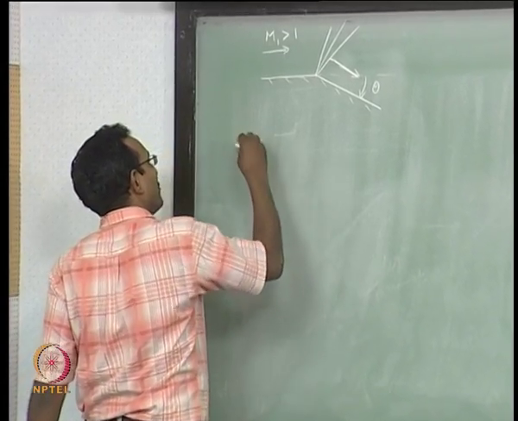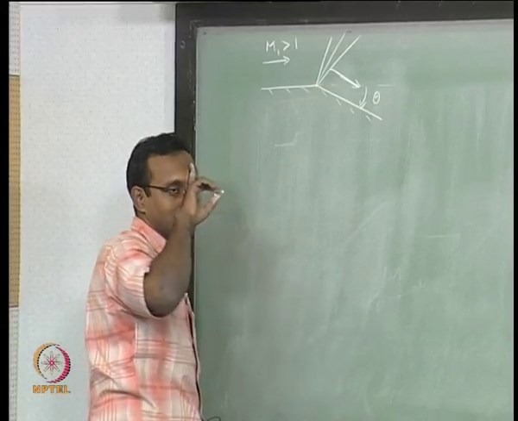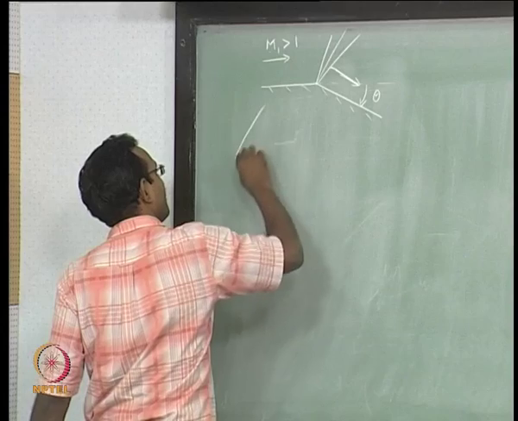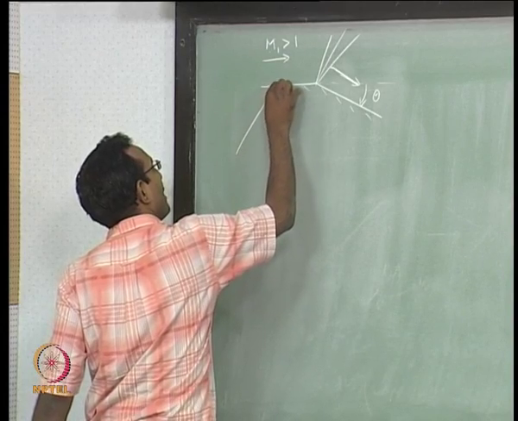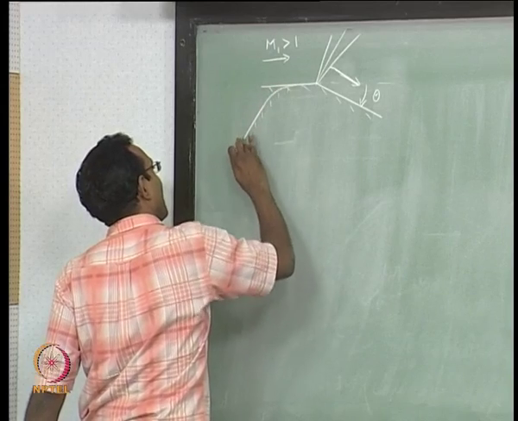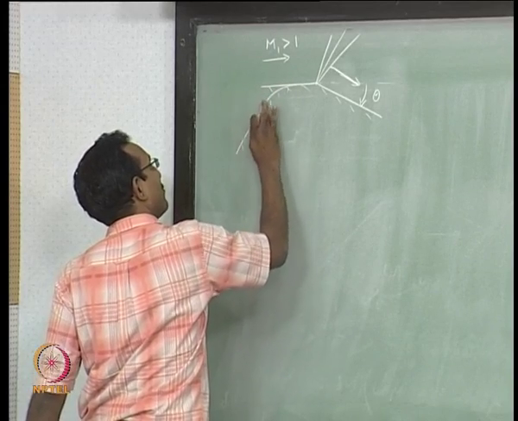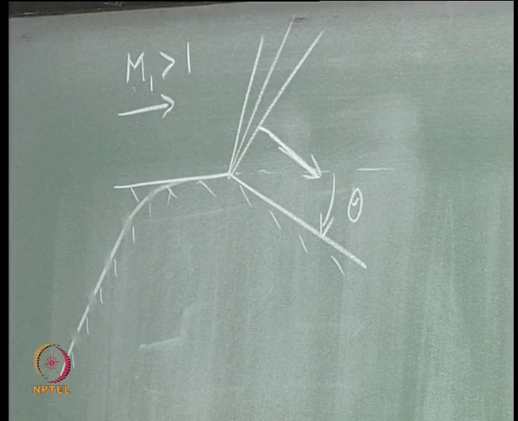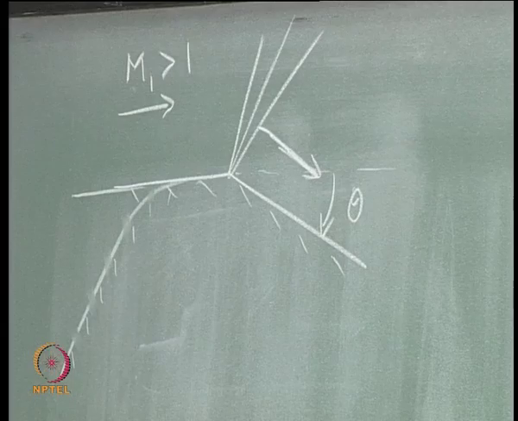But to think about the physical feel, I am going to imagine some other direction here. I am going to imagine a wall like this, and I will put a dashed line for this wall because it is my imaginary wall. It is not really there in my flow field. The actual wall is something like this, let us say.